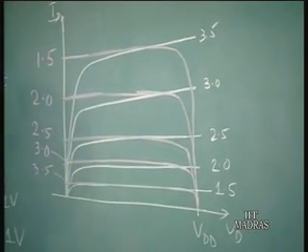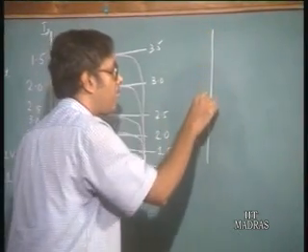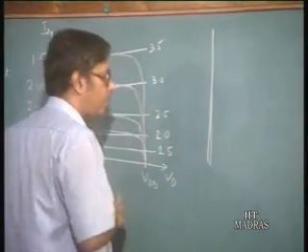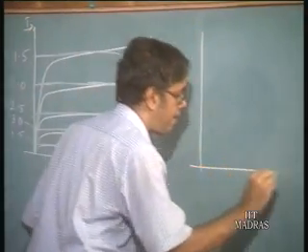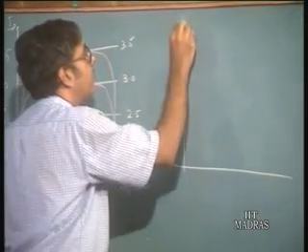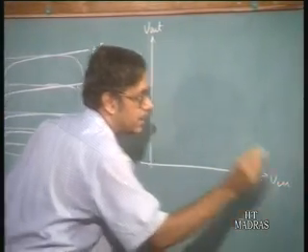Okay. So, now let us draw the input output characteristics. This is the output characteristics, output voltage, and this is the input voltage on the x axis. Okay.